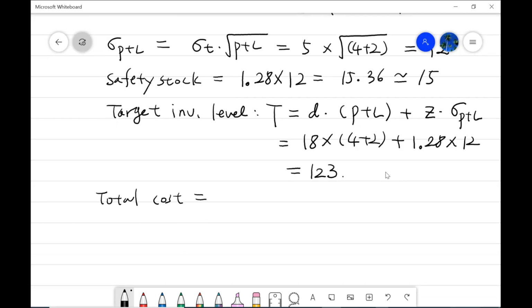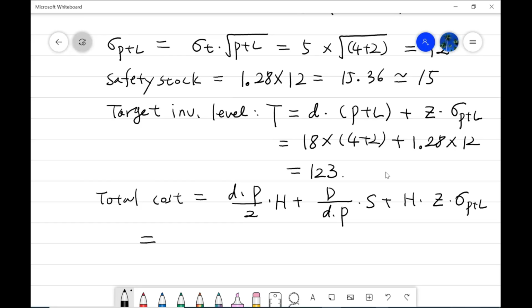That is, as usual, D multiplied by P divided by 2, and H. I just copied the formulas from the previous one. P multiplied by S plus H multiplied by sigma P plus L, the safety stock.